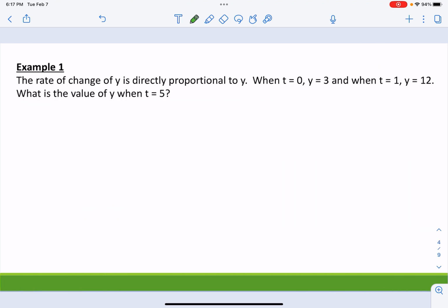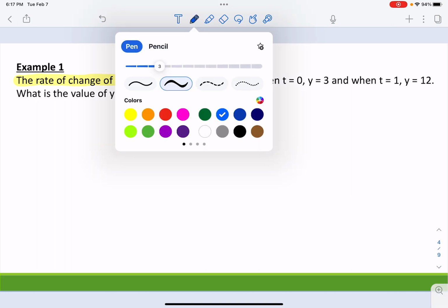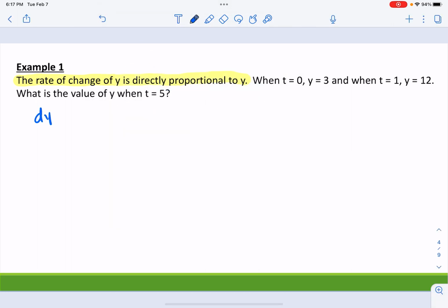So, the rate of change of y is directly proportional to y, so dy/dt is equal to ky. Remember, that gets me right to y equals c e to the kt.